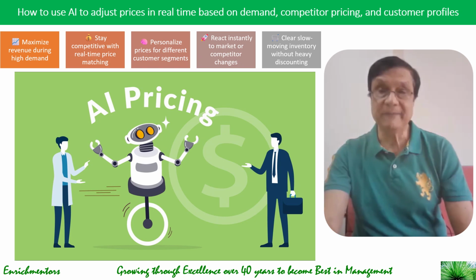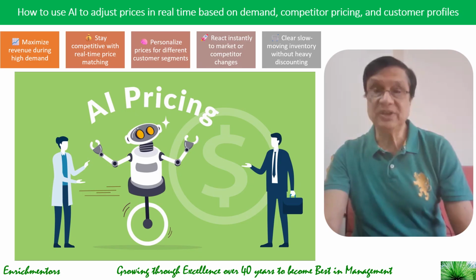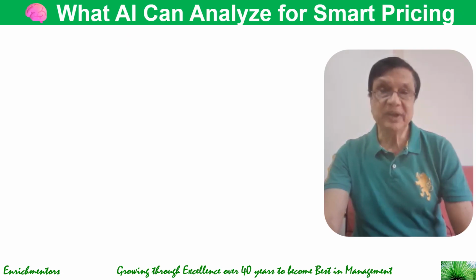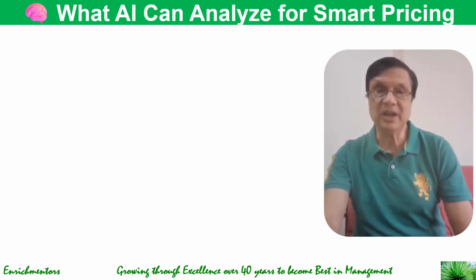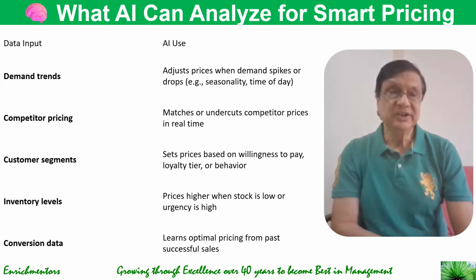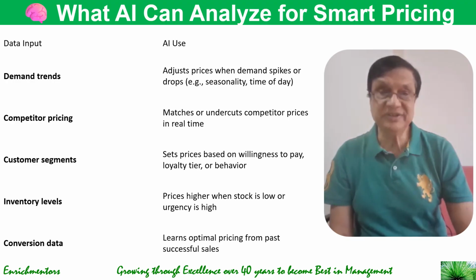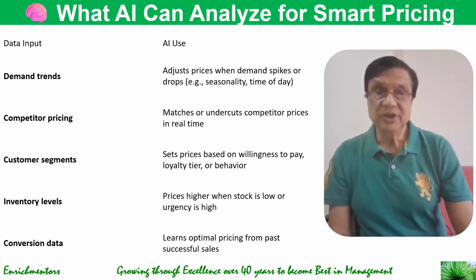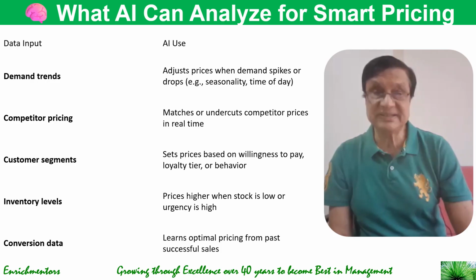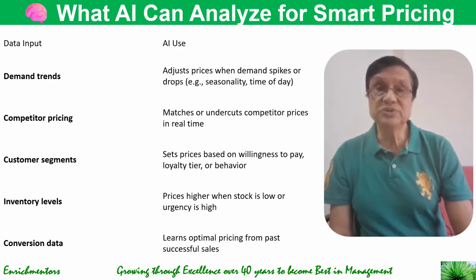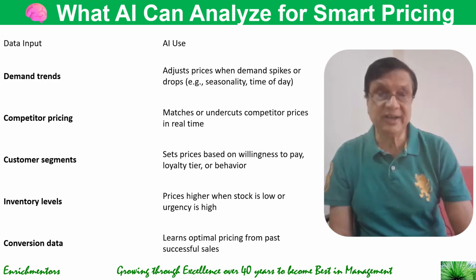run business better. So let's look at how AI can analyze smart pricing. AI uses many kinds of data. It uses demand trends to adjust prices when the demand drops or picks up based on seasonality and time of the day. It uses data on competitors' pricing, and it either undercuts or matches the competitor prices in real time.